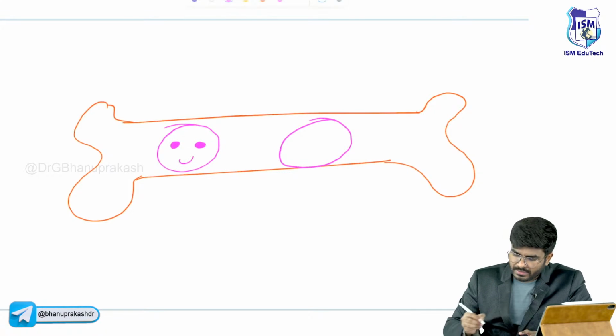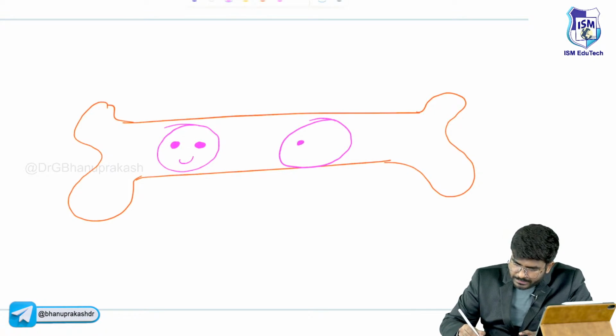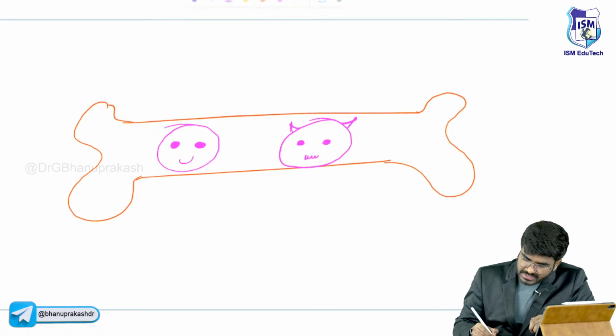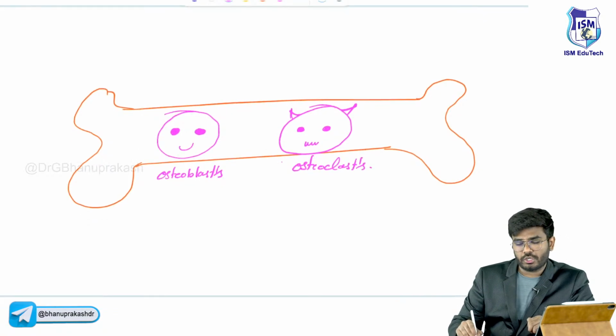And there is this other fellow who looks like a villain but is actually innocent. So in the bone there are two types of cells, called osteoblasts and osteoclasts.